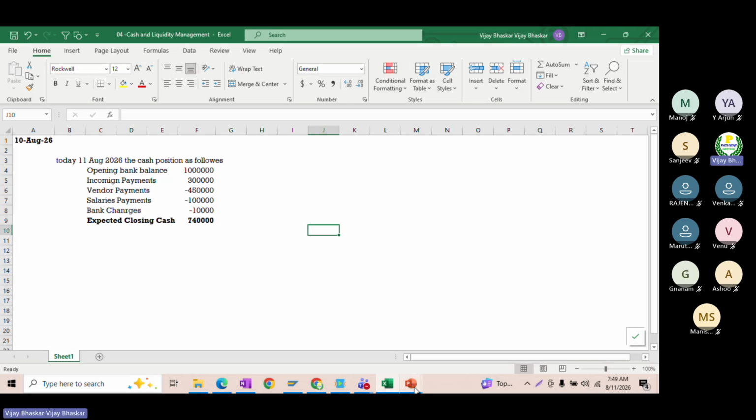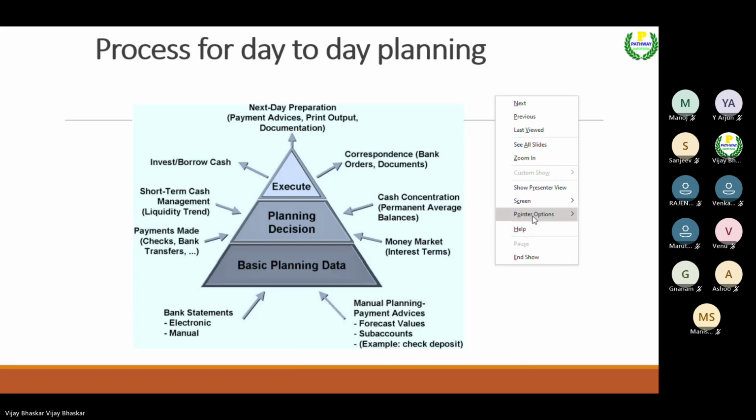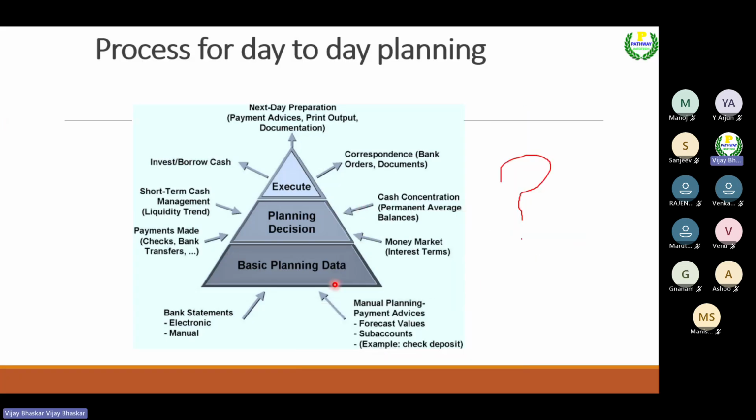So now let me go back to that PPT again. Now you could see here, basic planning data. If you want to do the planning, it could be for tomorrow, or next month, or next year, based on the historical data, based on future incomings, based on outgoings, or based on liquidity funds which we are having.